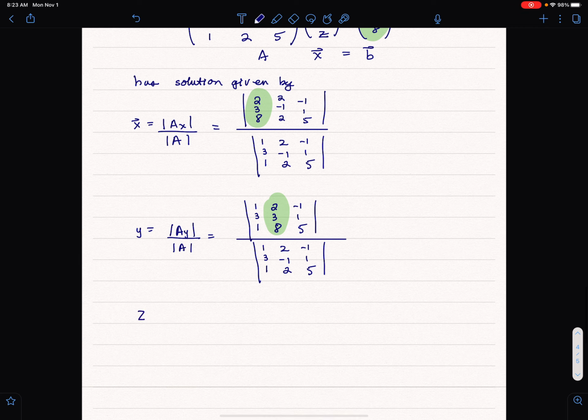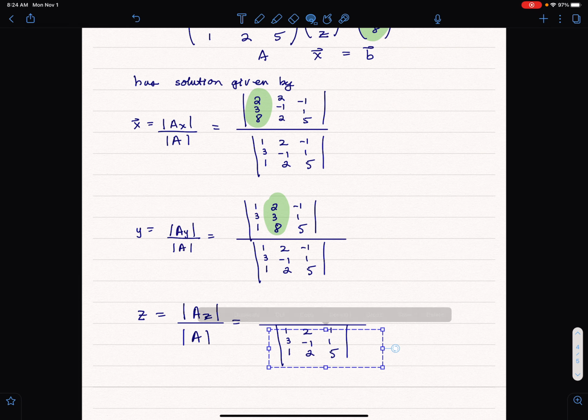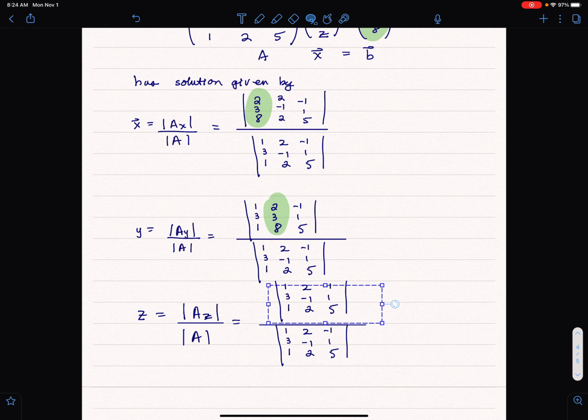Okay, and then z is similar, and you copy and paste that. So A is exactly the same thing. We just copy and paste A, and I'll make it a little smaller so it fits in.